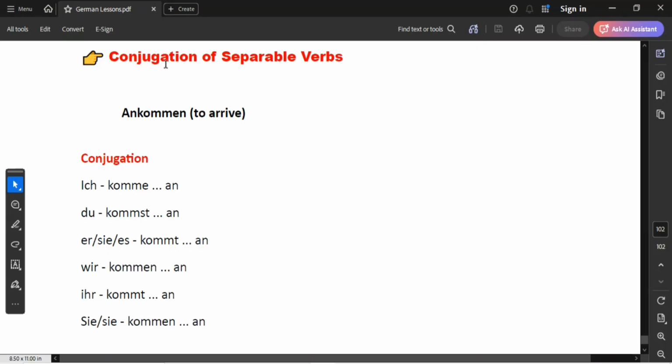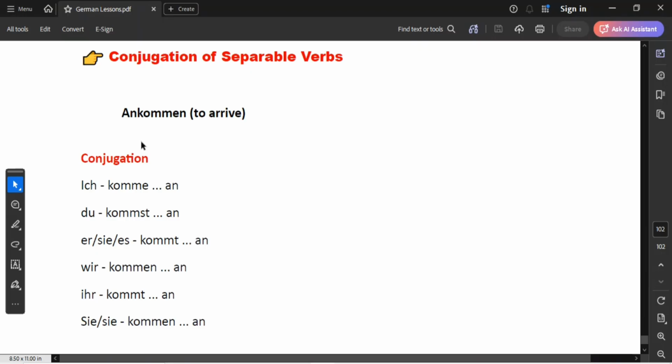Now, I want us to go ahead and look at conjugation of separable verbs, and I'll be using ankommen, which means to arrive, to demonstrate how we do conjugation of separable verbs, because all of them are going to follow the same procedure as ankommen. And remember we already did conjugation of verbs, so the difference here comes in because when you conjugate, the prefix goes am Ende.